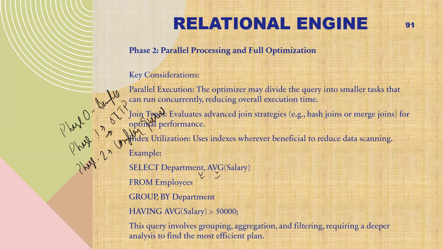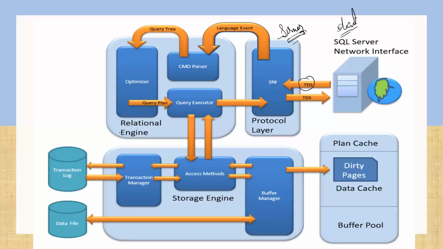So all of these optimizations happen in the optimizer, right? All of this is done by the optimizer, that is, how it is going to select the execution plan. Depending upon phase 0, phase 1 and phase 2, it is going to select the plan.